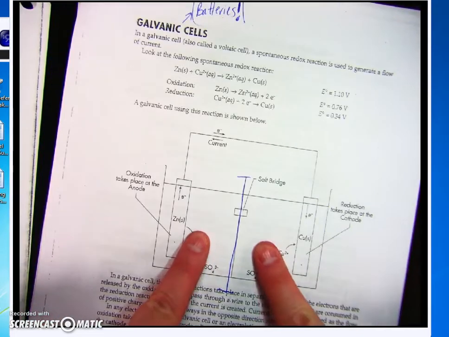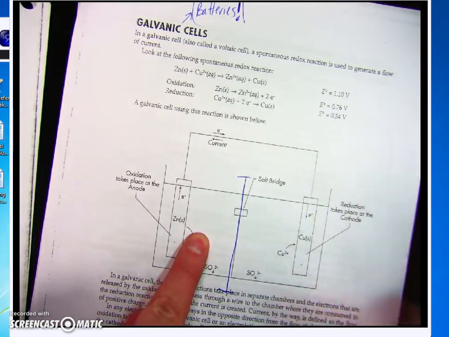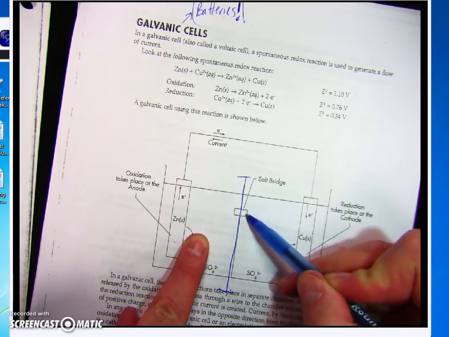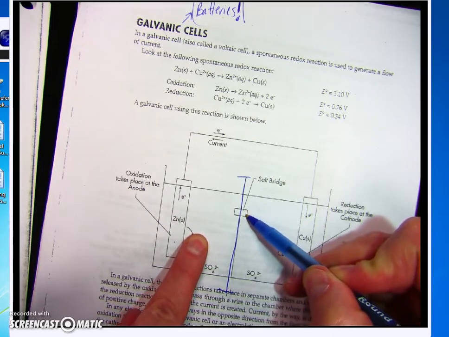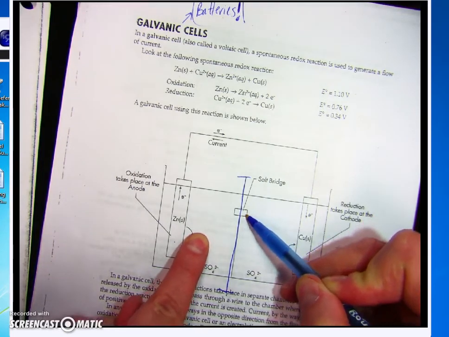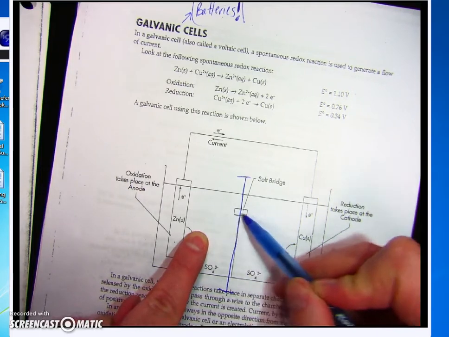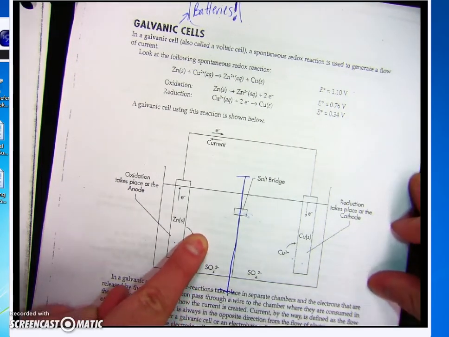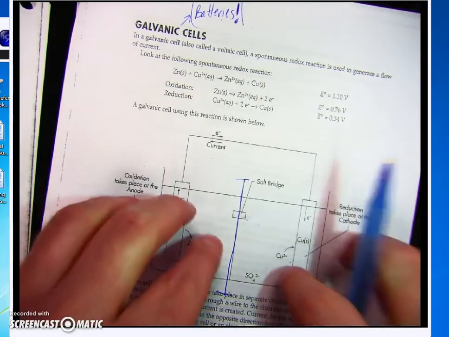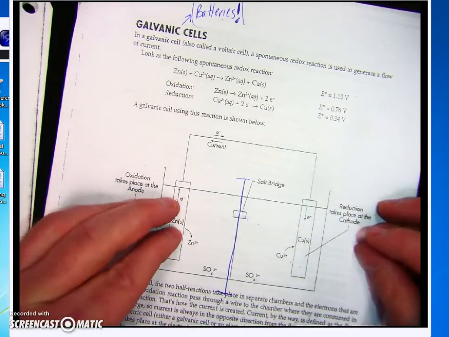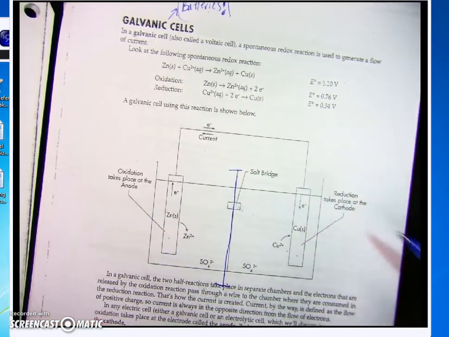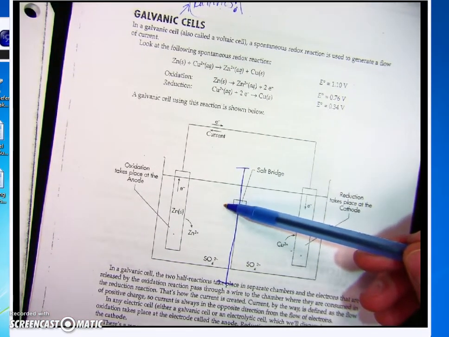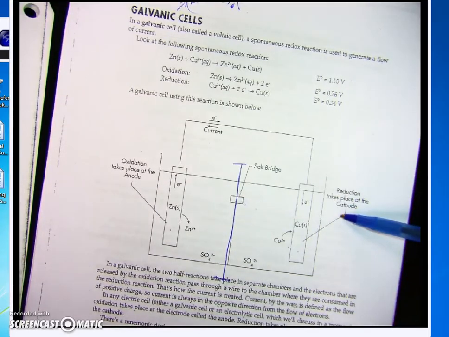This could be two separate beakers, or it could be two chambers that are connected by a salt bridge, which is something that allows certain materials to flow back and forth between. We'll get back to that in a moment. But a battery, most simply, is two separate chambers in which one chamber will undergo oxidation paired with reduction.